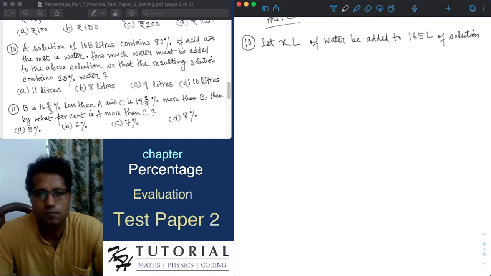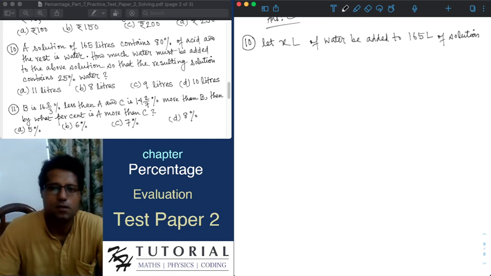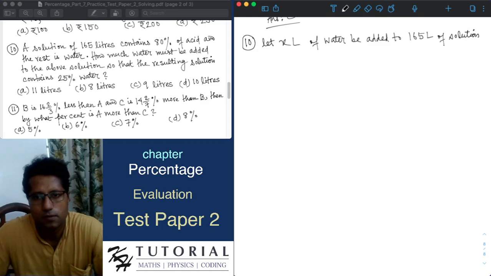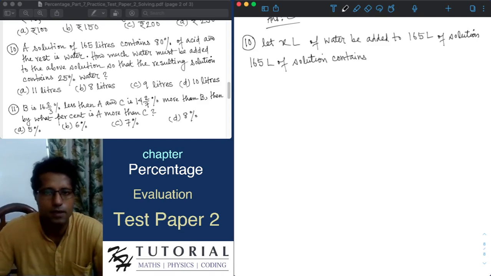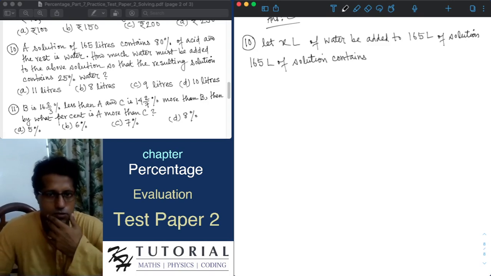Now 165 liters of solution contains how much water? It is given that it contains 80% acid and the rest is water. So rest means 20% is water.